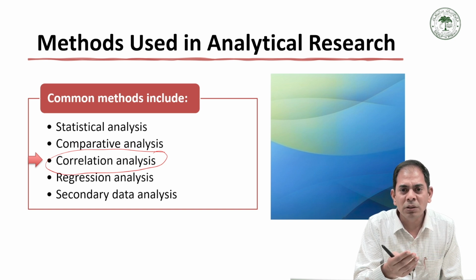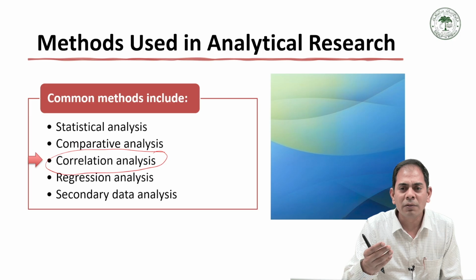Positive correlation means one variable increases and the other also increases together. Negative correlation means one variable increases while the other decreases. Zero correlation means there is no relation between the two.